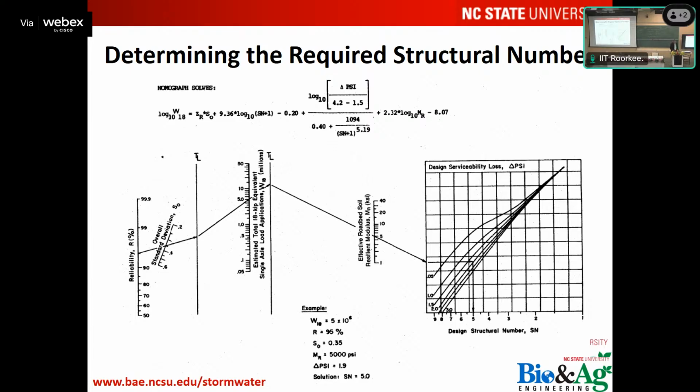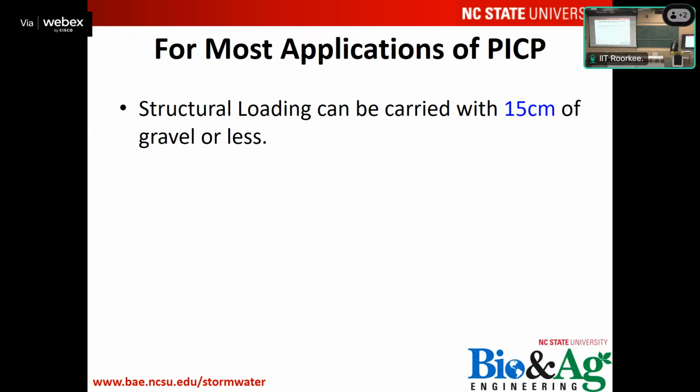Now, what is most important is that for the vast majority of permeable pavement applications, especially those placed above sandy gravel soil, all right, what you need to have is about 15 centimeters of gravel. Not that much.